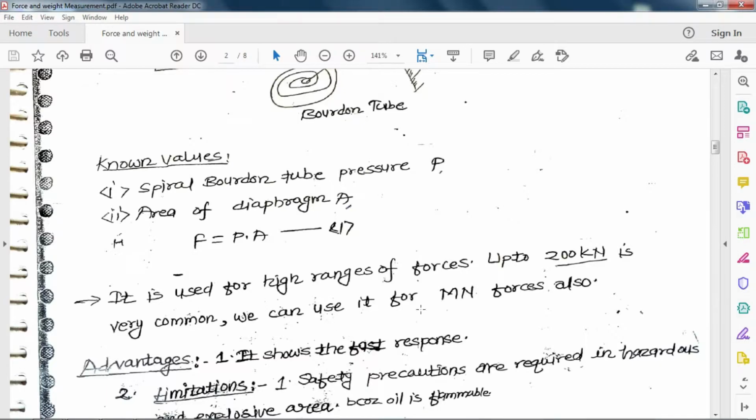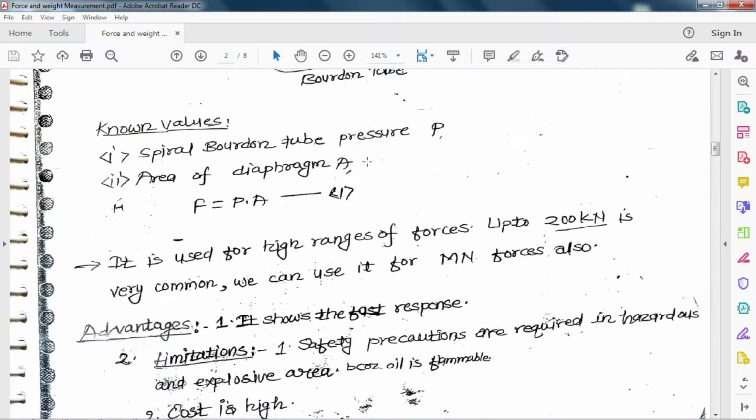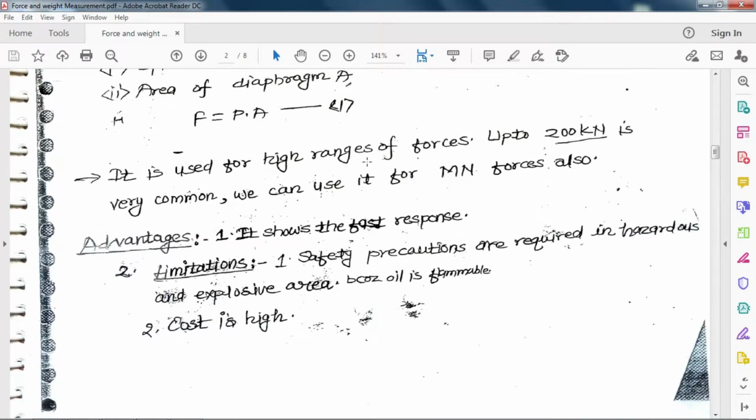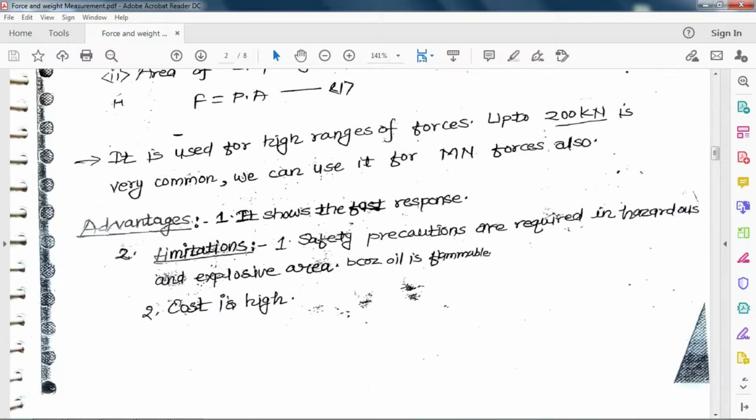We can use it for mega Newton forces also. The hydraulic type load cell has some advantages: it shows fast response. There are some limitations also. Safety precautions are required in hazardous and explosive areas because oil is flammable, and cost is high in this case, and it affects the environment also.